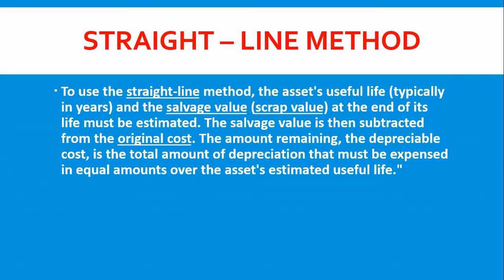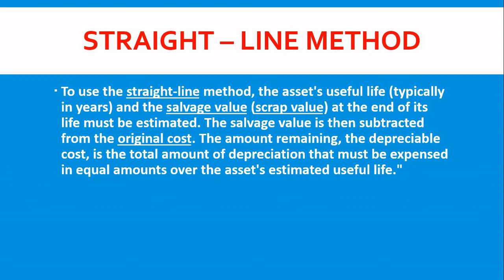It is also called fixed installment method because the amount of depreciation remains constant from year to year over the useful life of the asset. This method is also known as fixed percentage on original cost. In fact, depreciable cost is written off as depreciation from year to year.